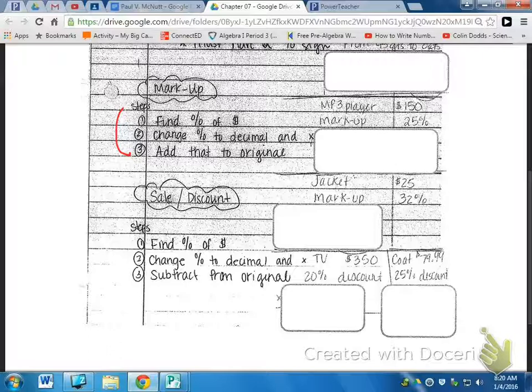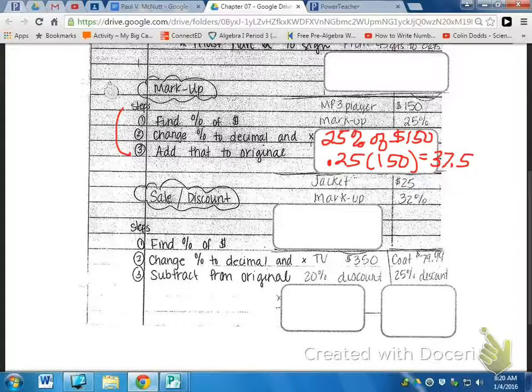So I need to find 25% of $150. What does "of" mean? Multiply. Change 25% to a decimal as 0.25 times 150. I'm going to go ahead and do that on my calculator. I get 37.5.